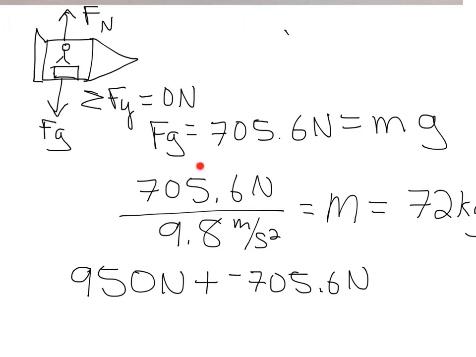You'll notice that I didn't use the negative symbol right here, and you may be wondering about that. The reason is that it depends on if we're talking about this as the normal force or as the weight. Right here we are technically talking about it as the normal force, or as the weight, which means that I should have technically made this a negative as well, and the negatives would cancel.